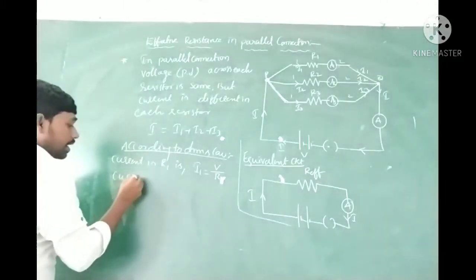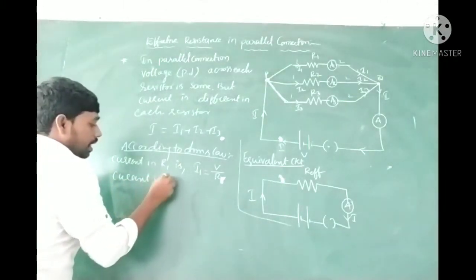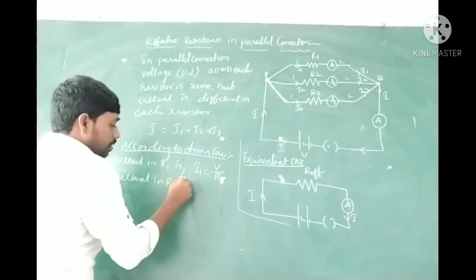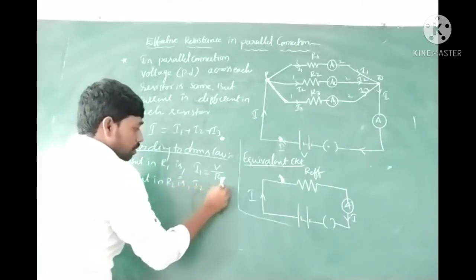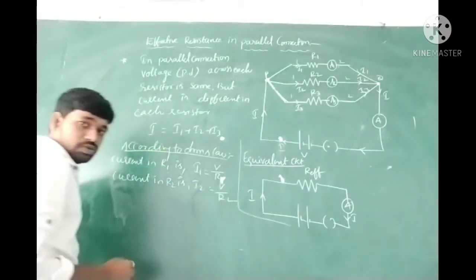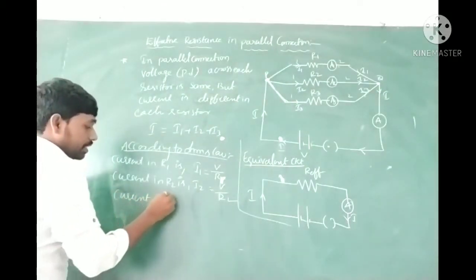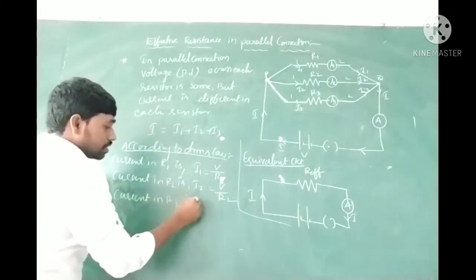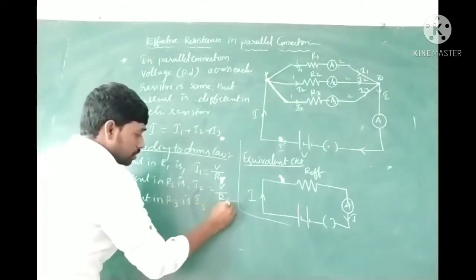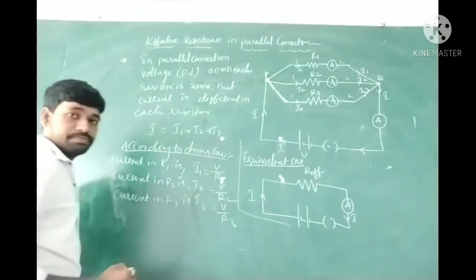Similarly, the current in R2, I2, is equal to V by R2. Similarly, the current in R3, I3, is equal to V by R3.